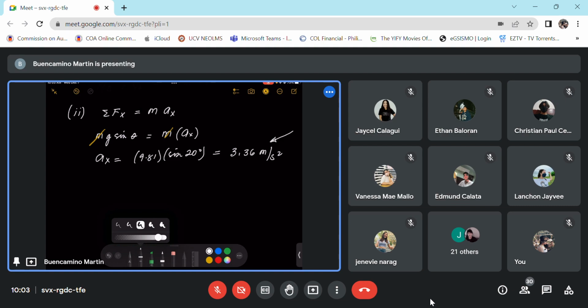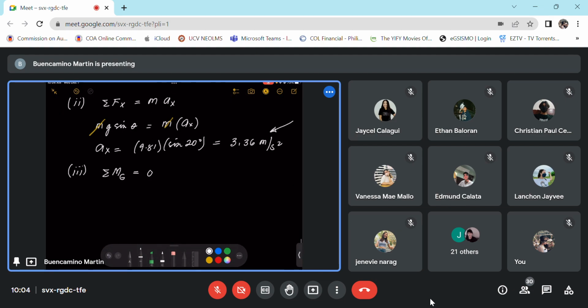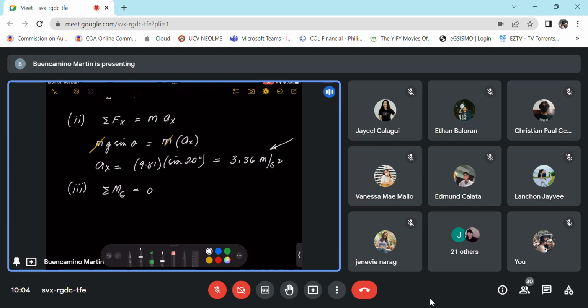Now, the third equation of motion is we take moment at the center of gravity, which is equal to 0. That's why we did it at O. Remember class that the actual equation is this equals I alpha.